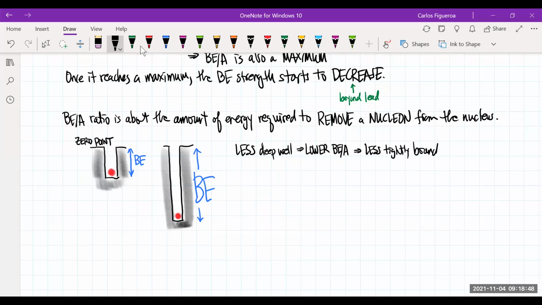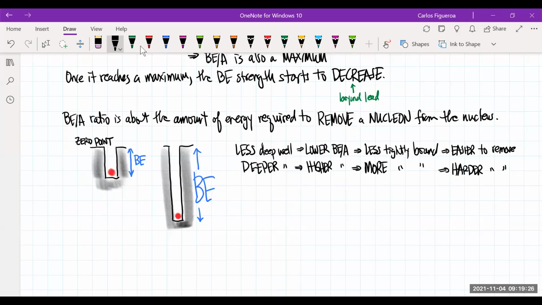And if it's less tightly bound, it's going to be easier to remove. But I could say the same thing for the deeper well. If I have a deeper well, then I'm going to have a higher binding energy per nucleon ratio. So what does this mean? It's more tightly bound, but if it's more tightly bound, it's going to be harder to remove.